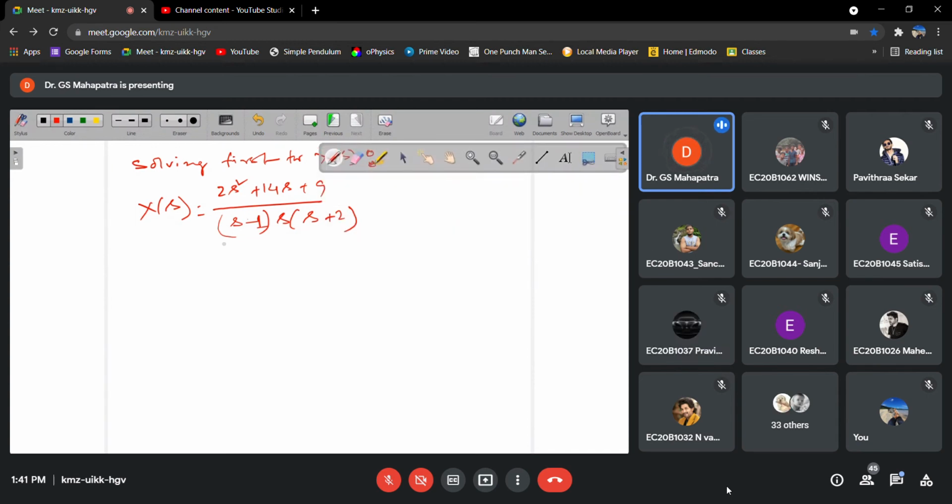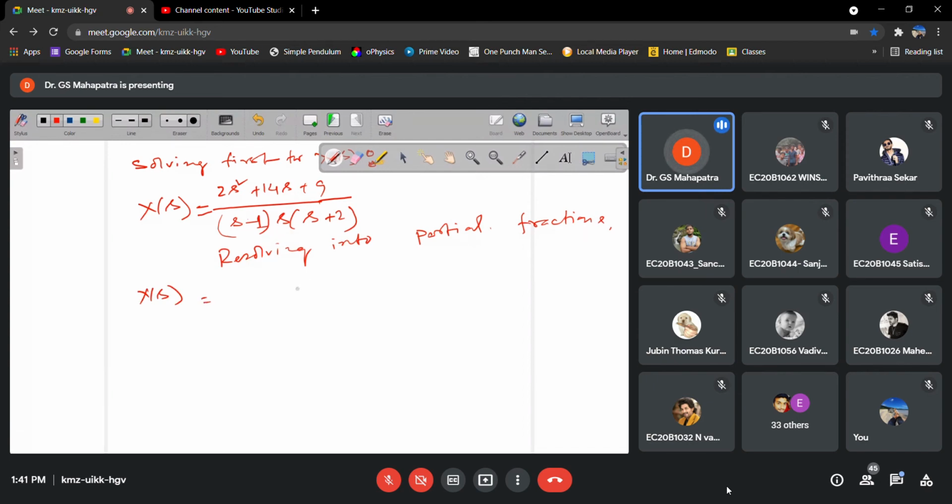Now you know how to solve this. What is the procedure? You have to do partial fractions, correct? So write: resolving into partial fractions, we get X of s.